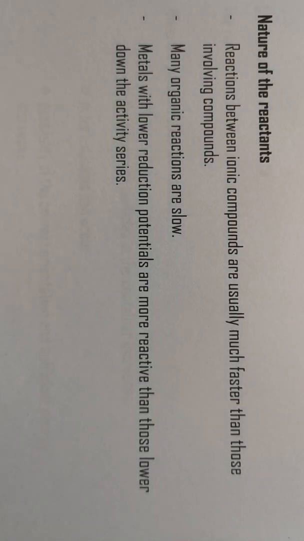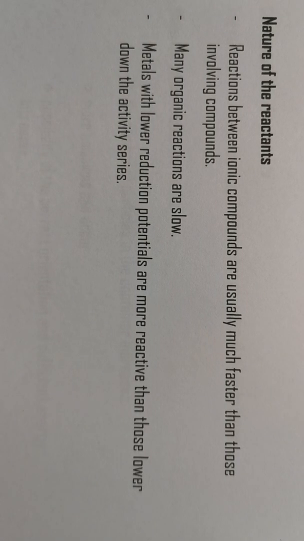The first thing, nature of reactants, is a very interesting idea because different substances react at different rates. So substances that are ionic are usually far faster at reacting than those that involve compounds. Okay, organic reactions are very, very slow.